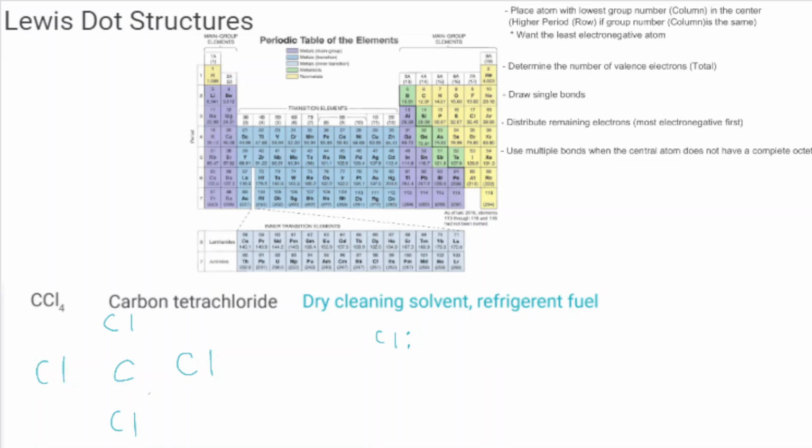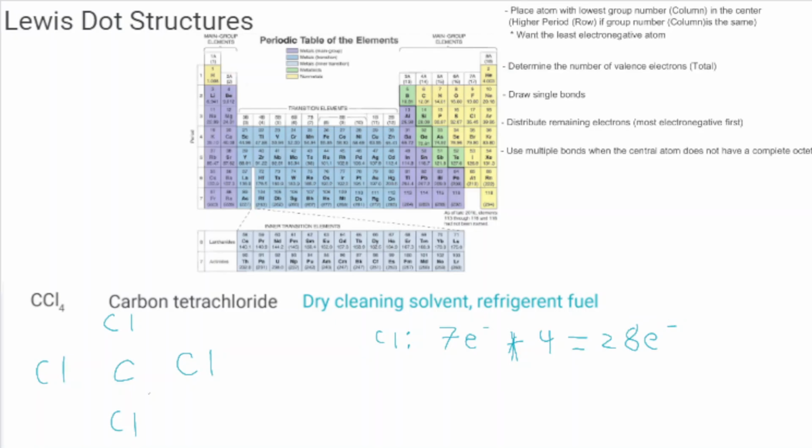So we're going to say 7 electrons, and we're going to represent electrons with an e minus, multiplied by the number of chlorine atoms that we have. In this case, we have 4 chlorine atoms. So we're going to multiply that by 4, and 7 times 4 gives us 28 electrons coming from the chlorines.